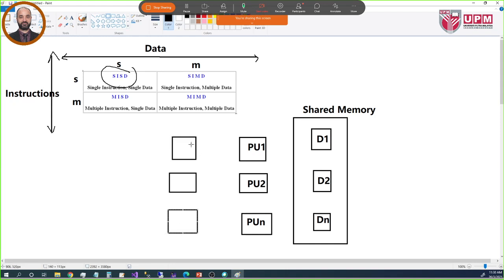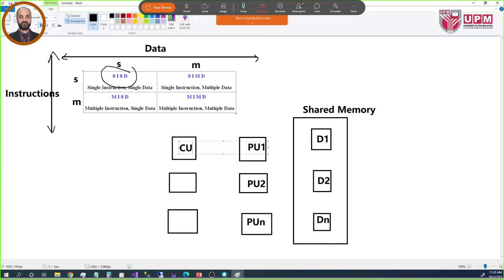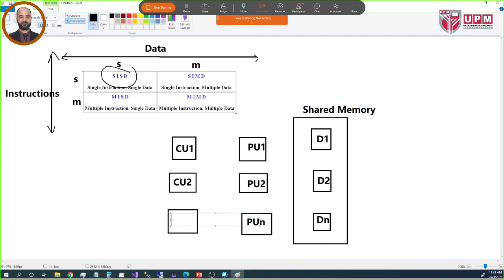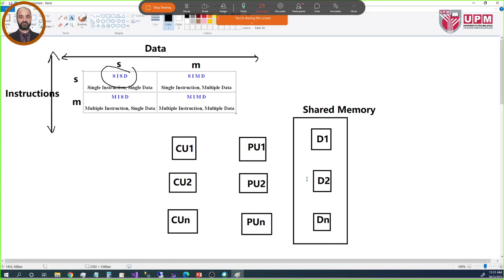So the first one is control CU1, the second is CU2, the third is CUN. Here, instructions always need to be uploaded from the memory.